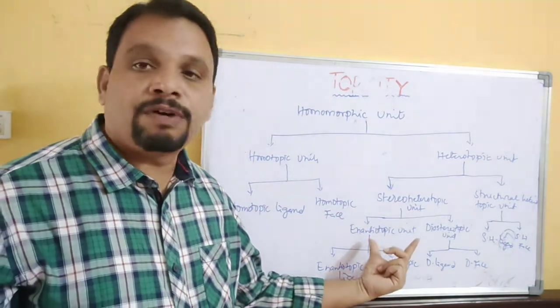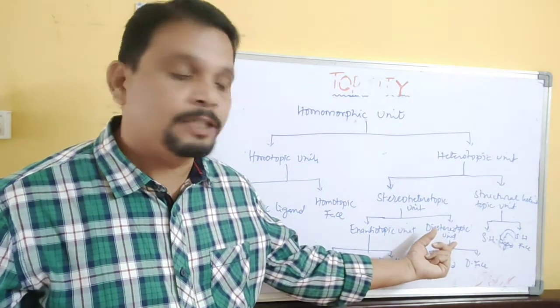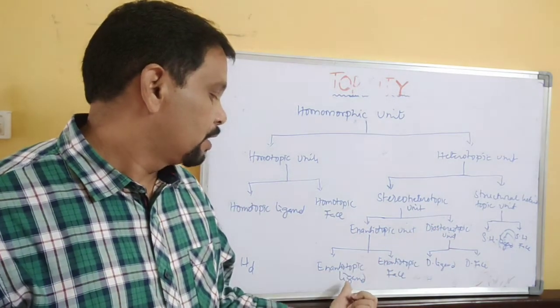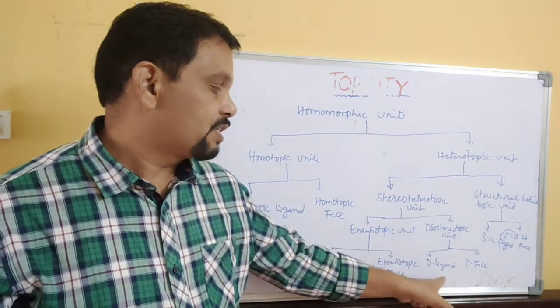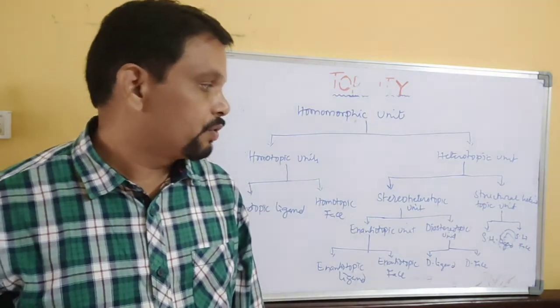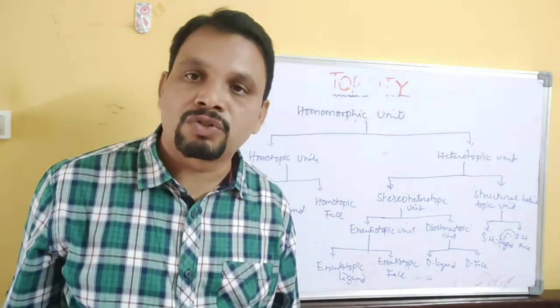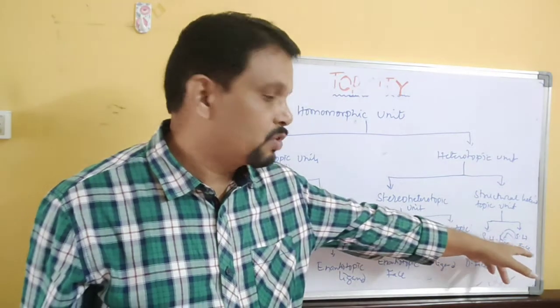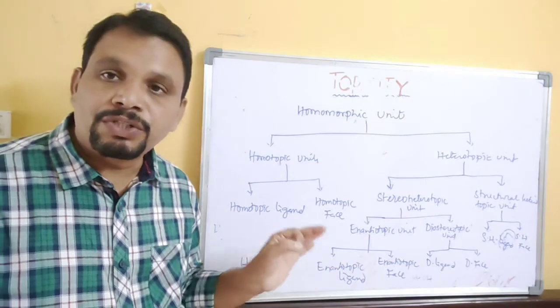Stereoheterotopic unit is further classified as enantiotopic unit and diastereotopic unit. Enantiotopic unit may be ligand or phase. Diastereotopic unit can be considered as ligand and phase. And structural heterotopic unit also: structural heterotopic ligand and structural heterotopic phase. Okay, so this is the classification you need to remember.